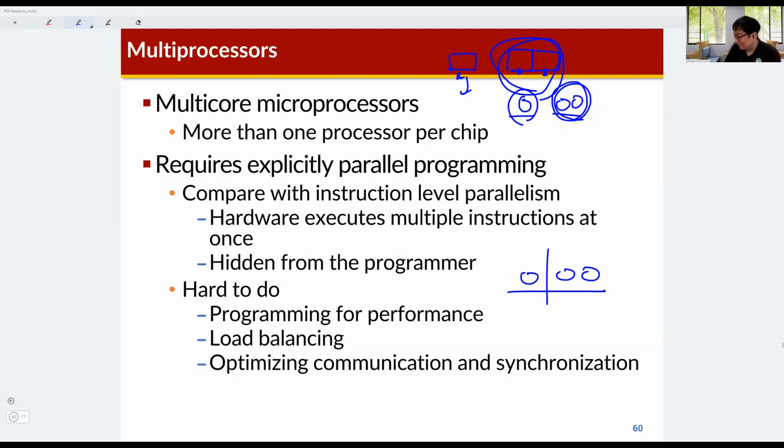If you take a group project, then the performance of multiple people in a single group is not proportional to the number of people, right? Number of members. Then it's actually the same for CPUs. Why?